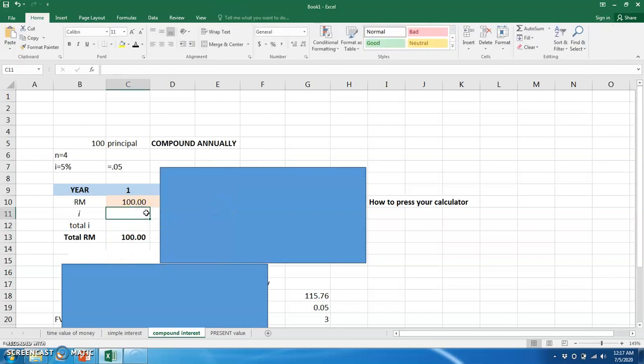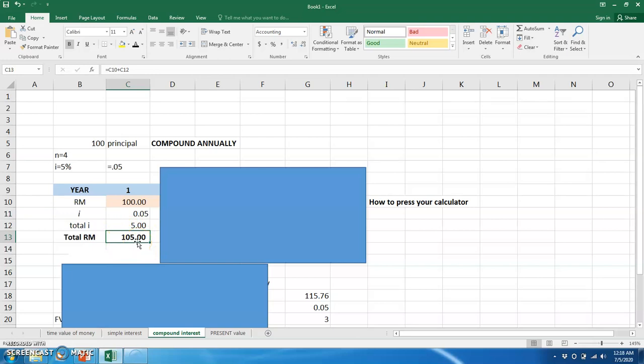Remember that the interest is 0.05. So what you need to do is you times 100 ringgit times 0.05. How much do you get? Now you get 105.